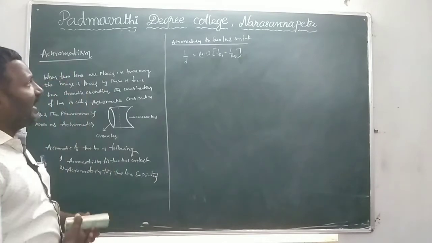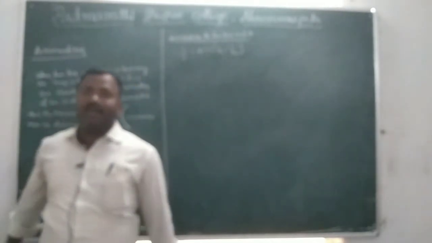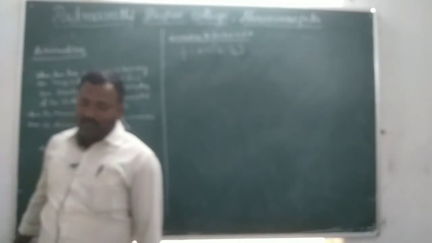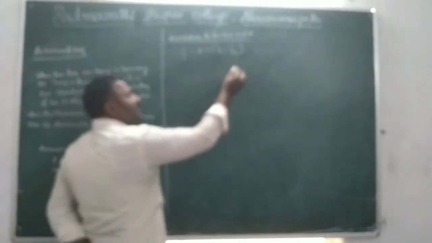Now we can write 1/f = (mu - 1)(1/r1 - 1/r2). This is the lens maker formula, equation 1.